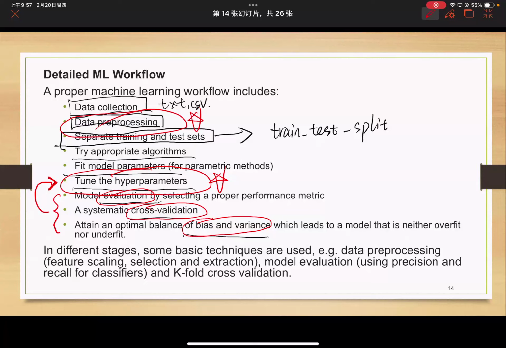You just need seconds or minutes to build a model, but it will take a lot of time for you to tune the hyperparameters to make the model work well, right? That's why tuning hyperparameters is the most important thing. And also to have a good performance of the model, you need to do data pre-processing well before you input it to the model. So these are the two most important things in the machine learning workflow.